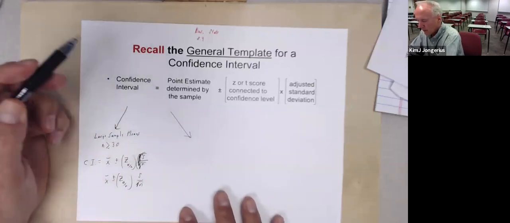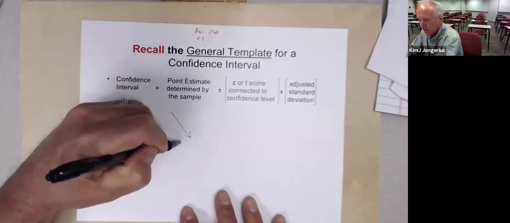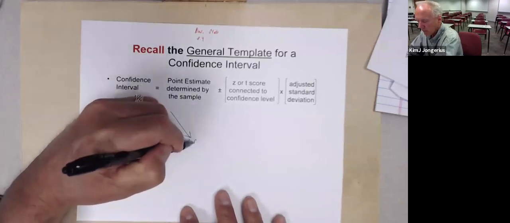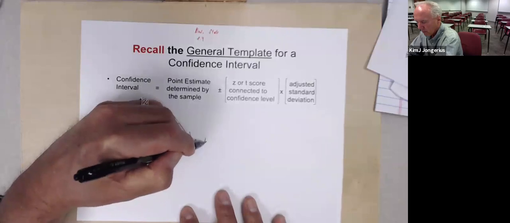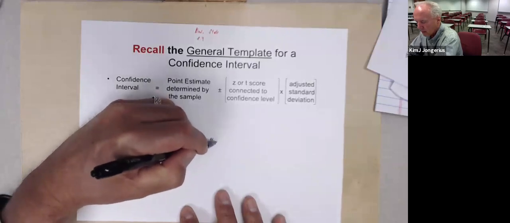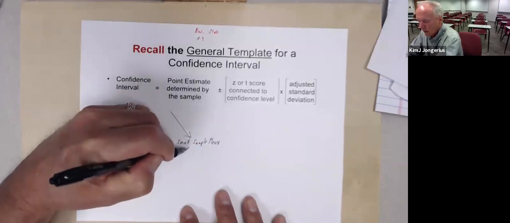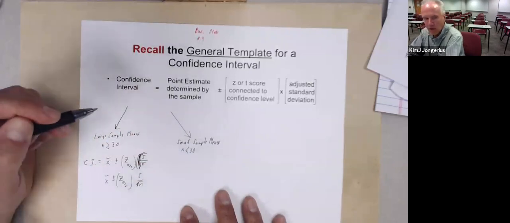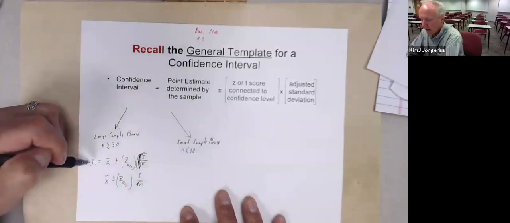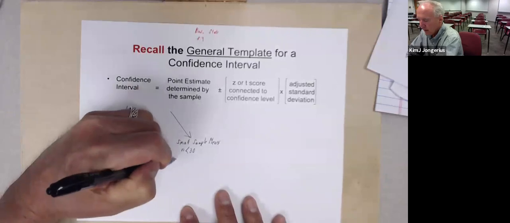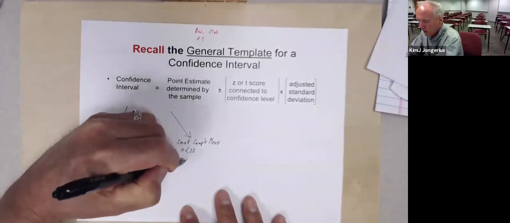We also have looked at small sample means. This would be where n was less than 30. The confidence interval for that one we have worked with before.